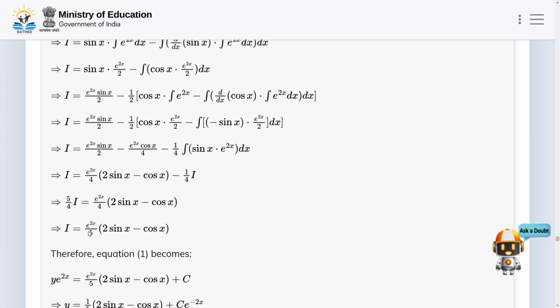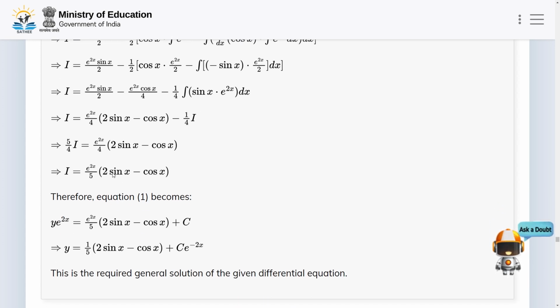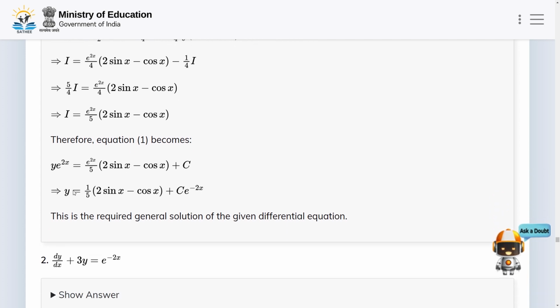You will get I is equals to e power 2x divided by 5 multiplied by (2 sin x minus cos x) as your required integration. Substitute this integration, and you will get the required general form of the given differential equation as this. Okay, clear?